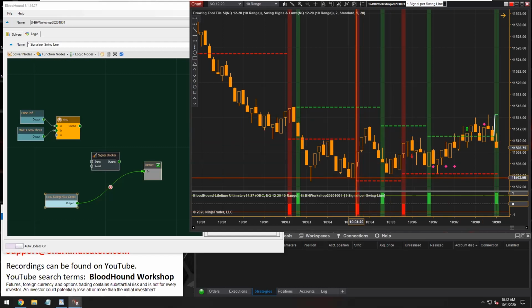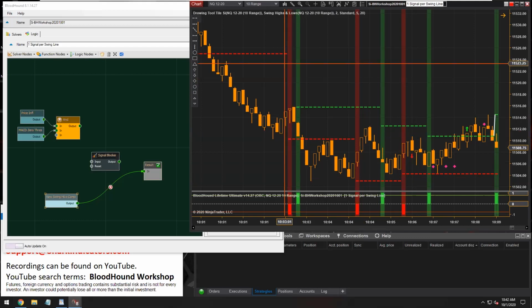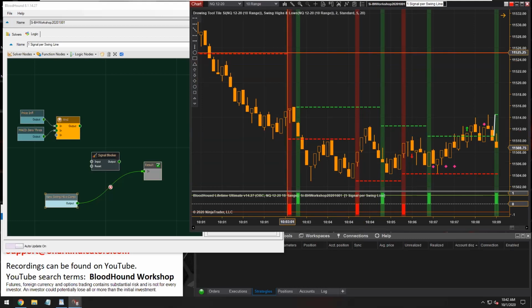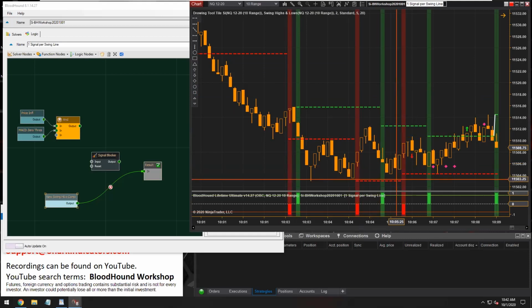And the same for the shorts here. So when the swing low steps lower, we're getting a short output, but also if the swing low steps higher, we're getting a short output.